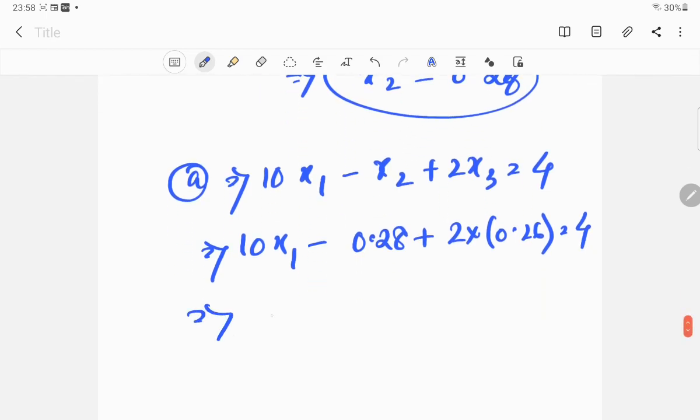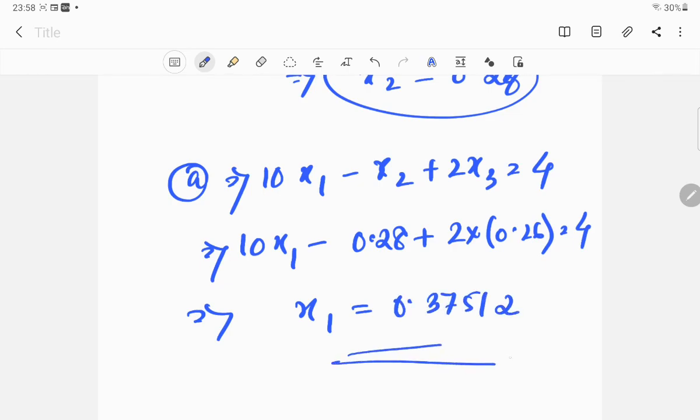If you solve this, you can get x1 to be around 0.37512. So that's all. You can see that using Gauss elimination method with partial pivoting, we have solved the set of 3 linear equations.